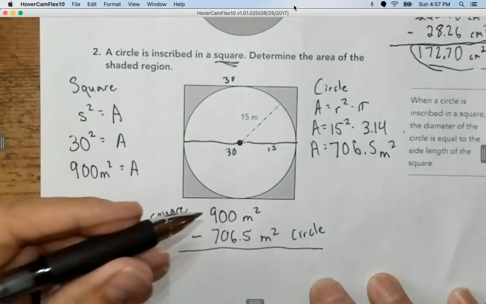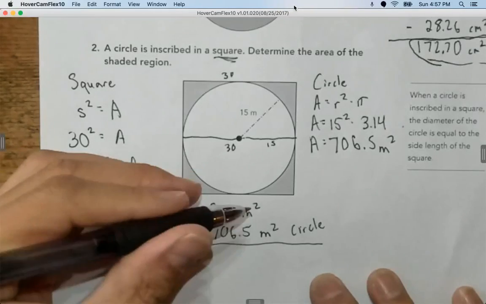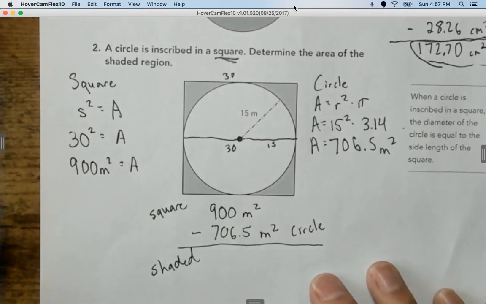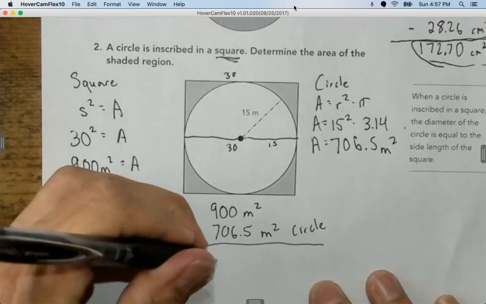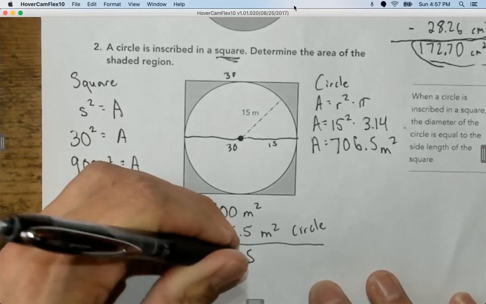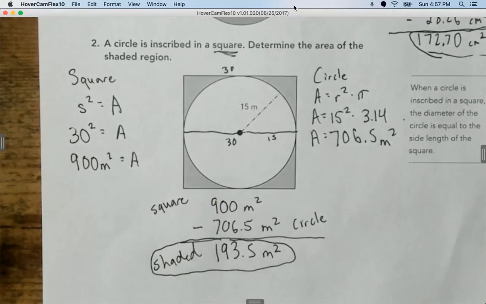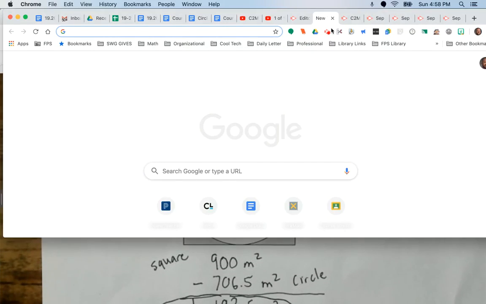And then what I'm left with is just the shaded part here, which is going to be 193 and 5/10 meters squared. Okay, so when I have shaded region problems, I have to find the whole part. I have to subtract away what's not shaded, and that is one way to get my result of what is only shaded.